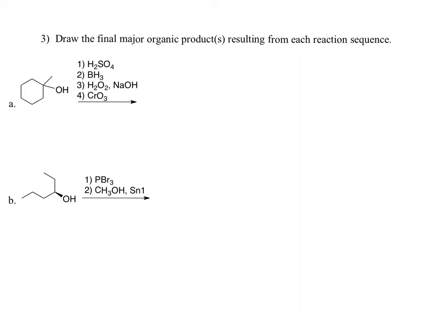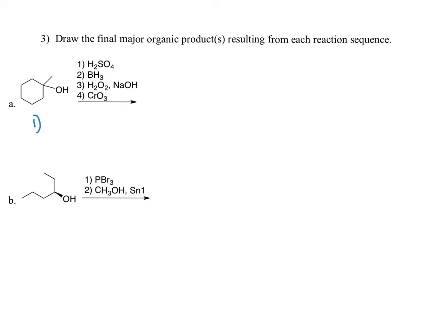In order to tackle problems like this, what I recommend you do is begin by writing out the product that would result from each step. So for example, we could ask, what is step 1 going to yield? When we react alcohol with sulfuric acid, we have to think back to the reactions that you've learned.